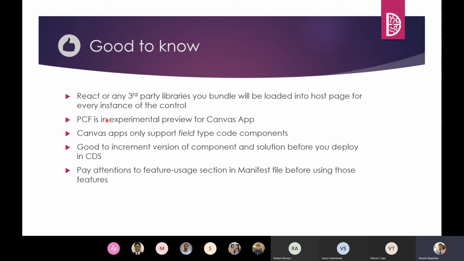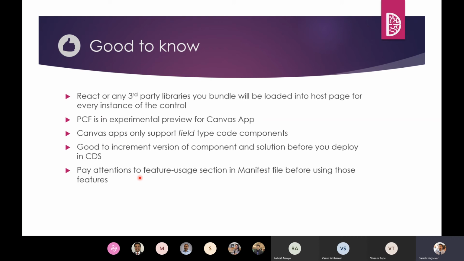And then PCF control is also available on Canvas app. So you can even use PCF controls on Canvas app as well. But Canvas app only supports field type components as of today. Now, whenever you deploy or update your PCF control on your development or your UAT instance, make sure that your solution version is always incremented, because if you don't increment your solution, you don't actually see the updates happening.